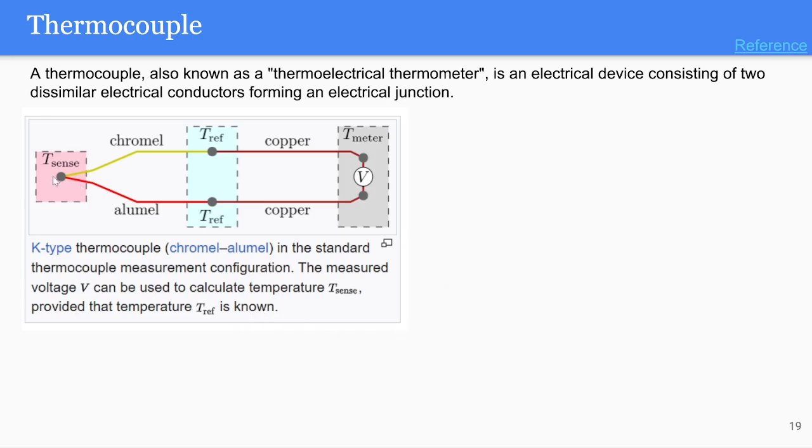As you can see here, this is one type of metal. That's another type of metal. That's why you have a junction.